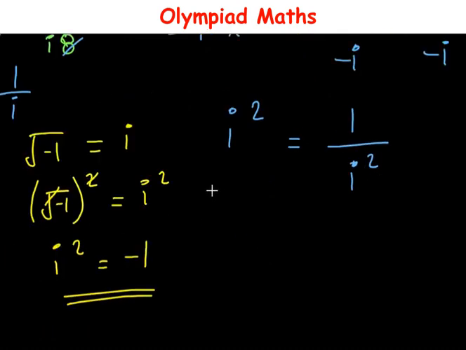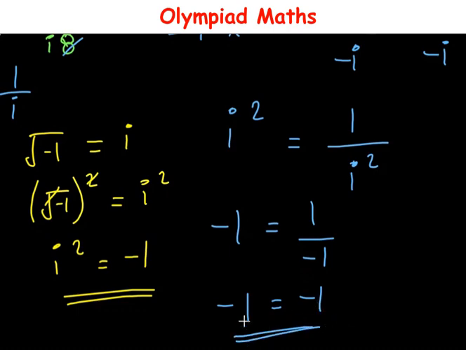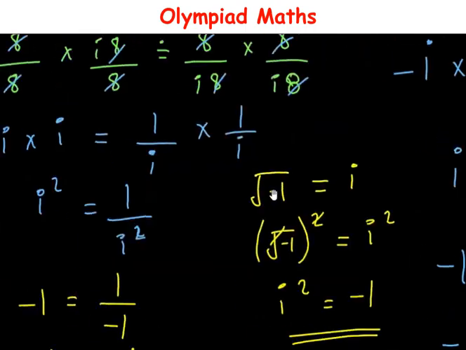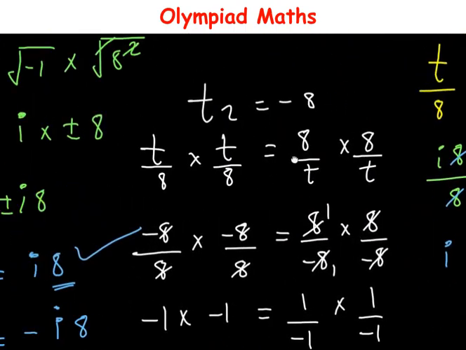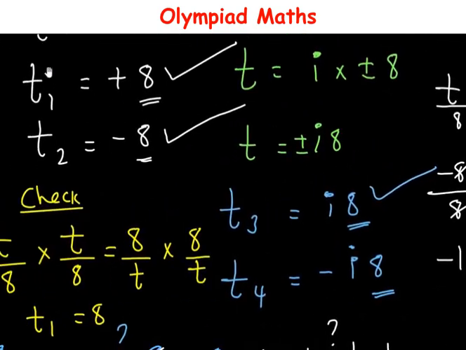Now recall that i squared is equal to minus 1. So right here, i squared becomes minus 1, equals 1 over i squared, which is minus 1. So minus 1 is equal to 1 over minus 1, which is minus 1. Now looking at this, since they are equal to each other, this means that the fourth solution for the value of T right here is also the correct solution.